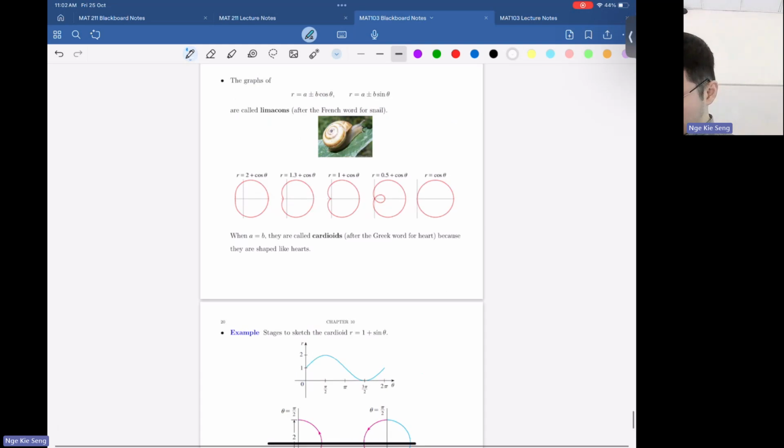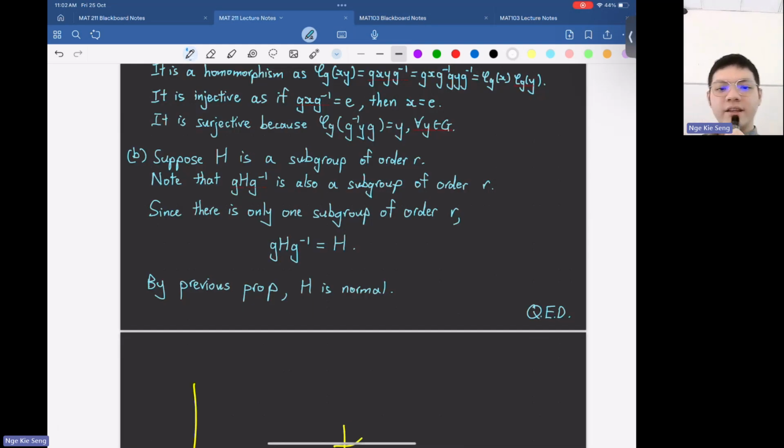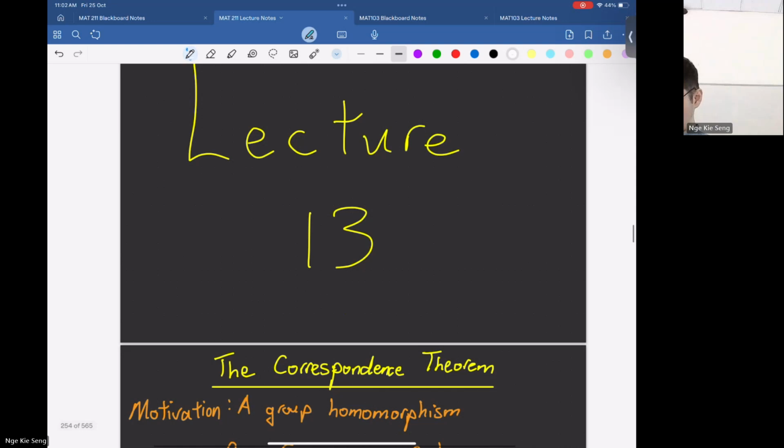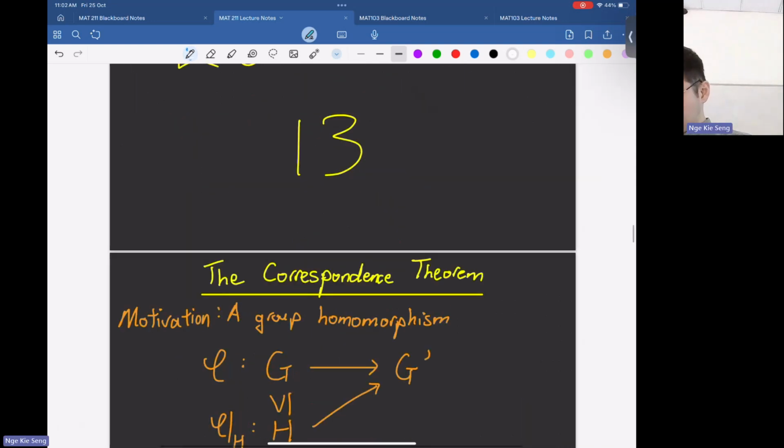Let's continue. So let's practice drawing these snail limaçons. Let's teach the technique to draw this snail.